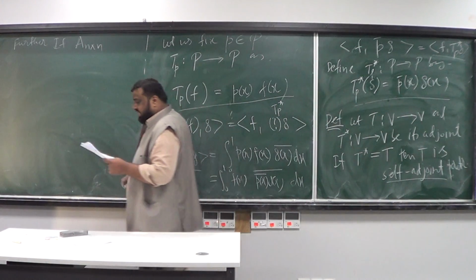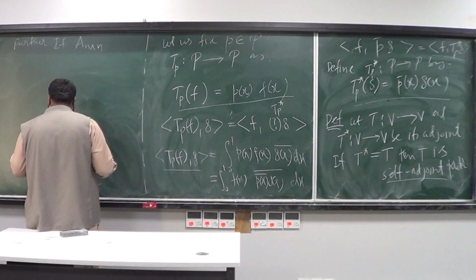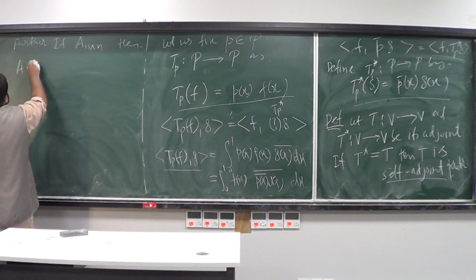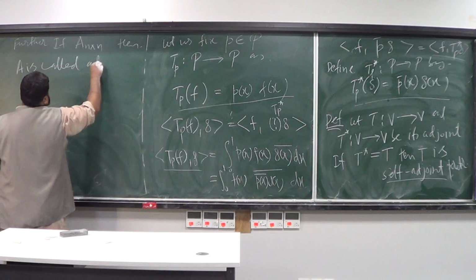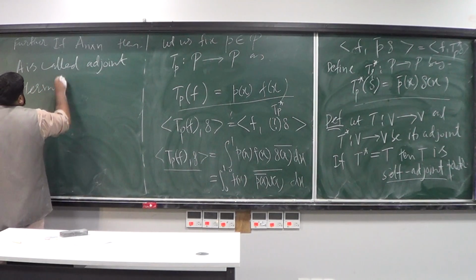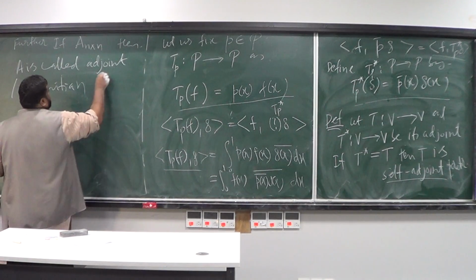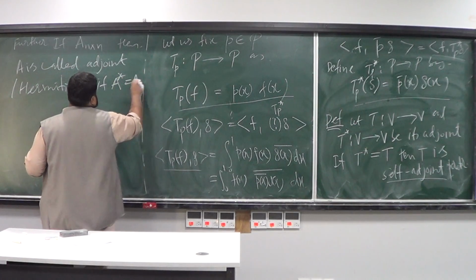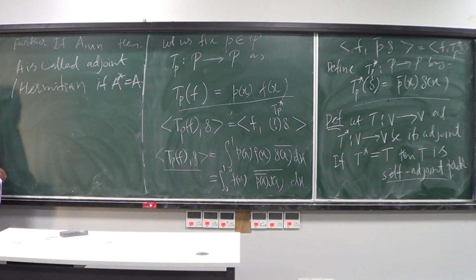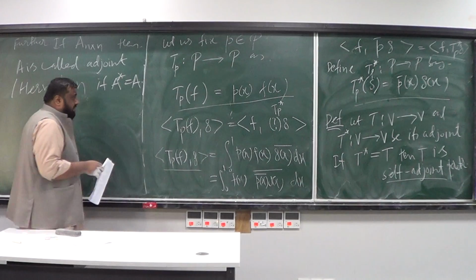So if A is a square matrix, then A is called self-adjoint, or a better word for it is Hermitian, if A star is equal to A. If the conjugate transpose of the matrix is equal to itself, you're going to call such a matrix Hermitian.